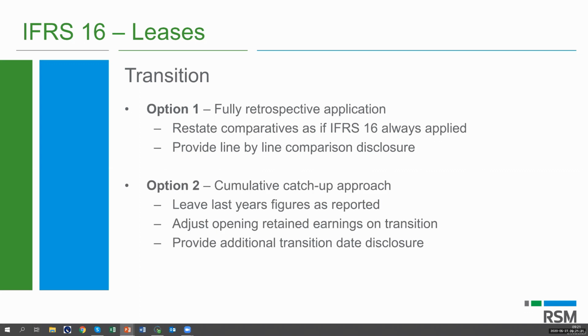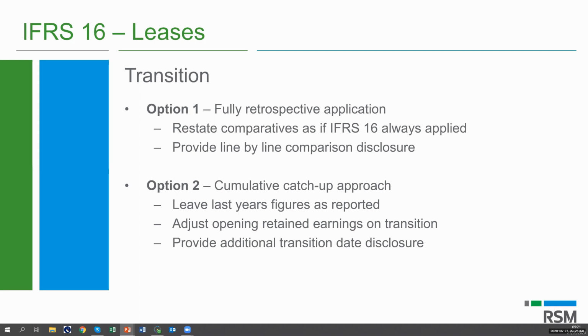Then, which I found recently is the most common one, is option 2, which is the cumulative catch-up. So you would leave your last year's figures reported as they were, and then you would adjust your opening balances.